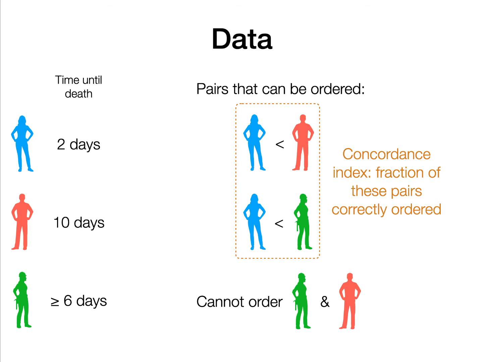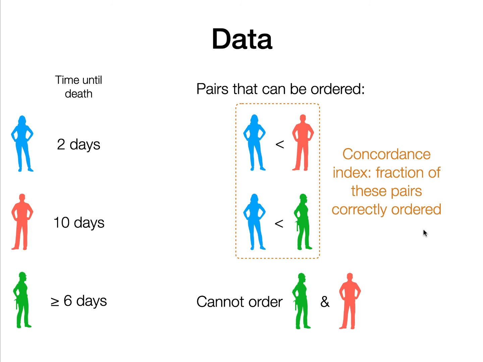So concordance index in this example would look at the fraction of pairs correctly ordered by your prediction method. If you're using a Cox model, it would mean: for the beta vector that's learned, does it correctly rank each of these? For example, if it ranks only one of these pairs correctly, then the concordance index would be half. If it ranks both of them correctly, the concordance index is 1.